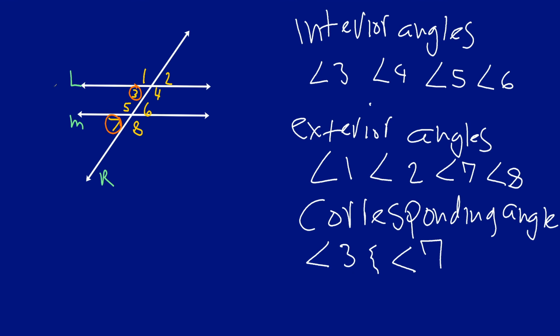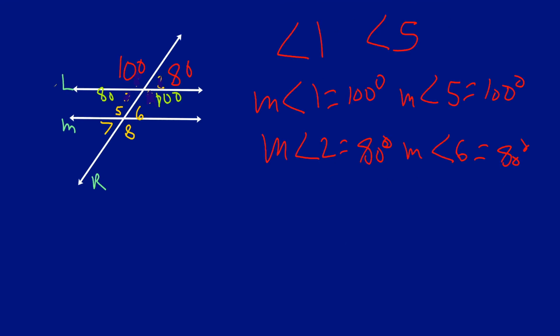You can talk about interior angles, angles inside the parallel lines, exterior angles, angles outside of the parallel lines. You can also talk about corresponding angles, angles that are in the same relative position. And then of course, if you know the measures of certain angles, you can figure out all the other angles using your knowledge of supplementary angles and also complementary angles and things of that nature.